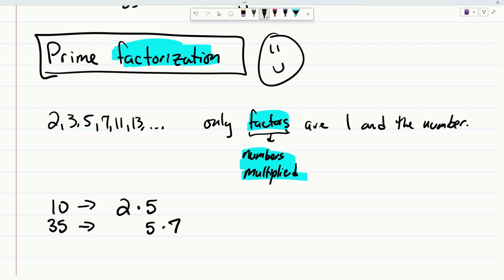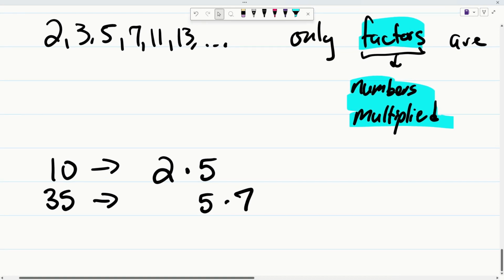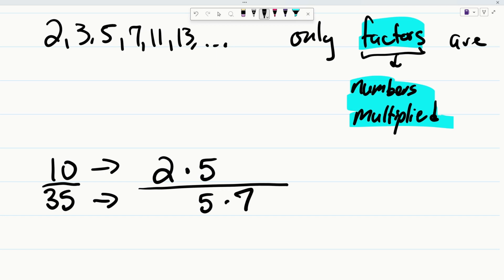And the reason, and watch this, this is how easy this is. If I had the fraction 10 over 35 and I wanted to reduce it, all I have to do is write the prime factorizations and then look for the equivalent fraction. And the equivalent fraction is right here. And I know if I have an equivalent fraction, like 5 over 5, that reduces and turns into a 1.